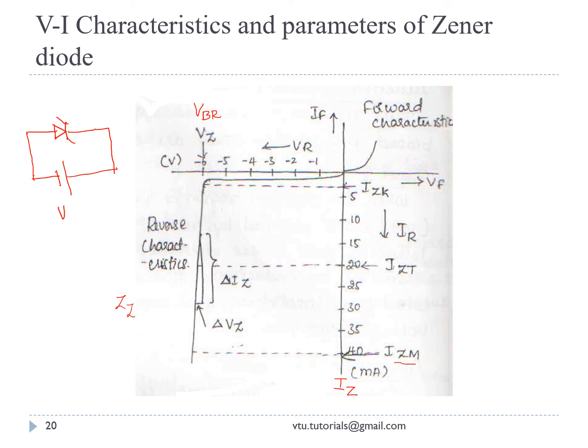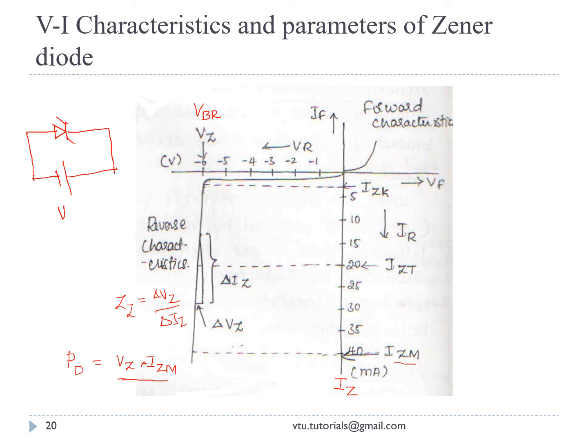This ZZ is the dynamic impedance, which is obtained from the slope of the Zener breakdown curve, that is delta Vz by delta Iz. The power dissipated in this particular region, at the reverse breakdown, is the power dissipation. Maximum power dissipation is Vz into Iz max. So this is the maximum power dissipation.